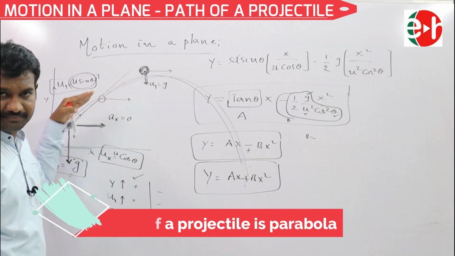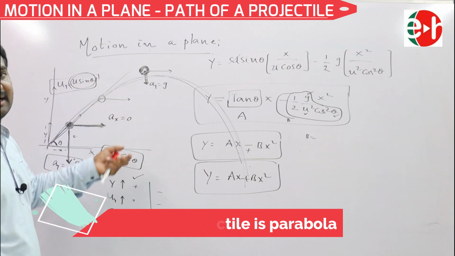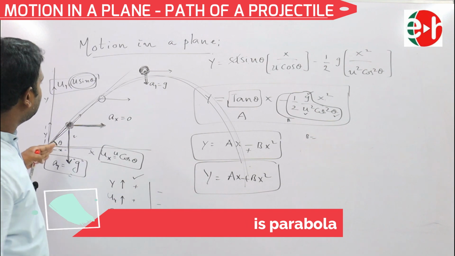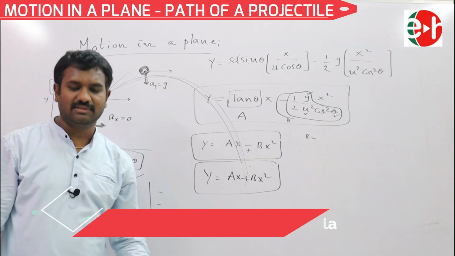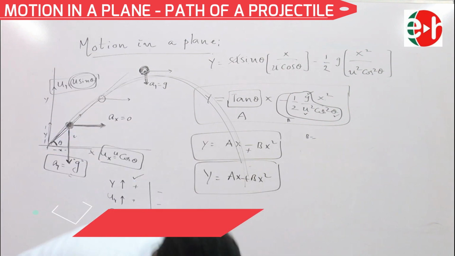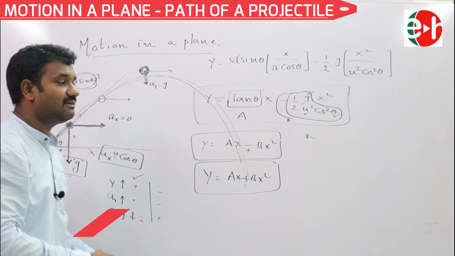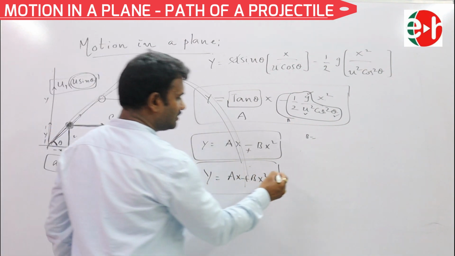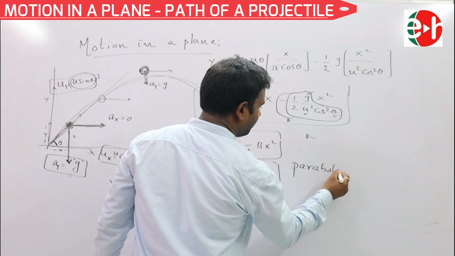It is a curve. If the velocity remained constant, it might move straight, but have you ever seen that? If you throw the object, it will definitely fall like this. That is called a parabola. Hence we can say that the path of a projectile is a parabola.